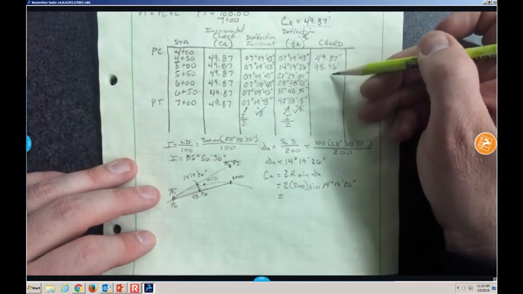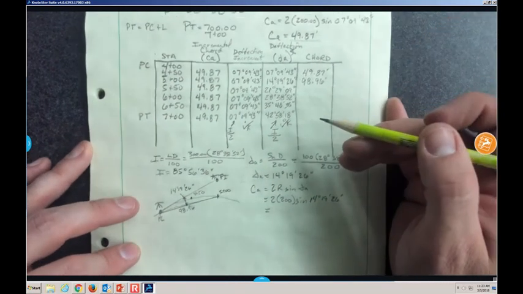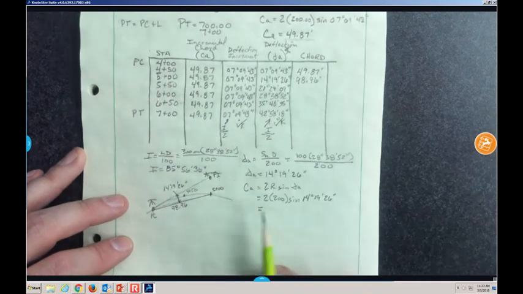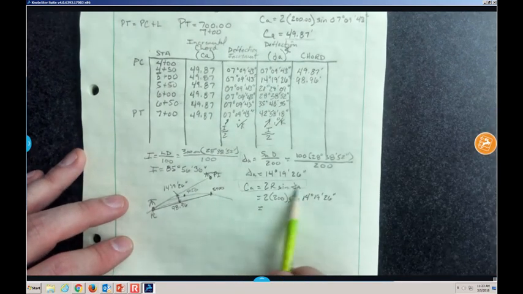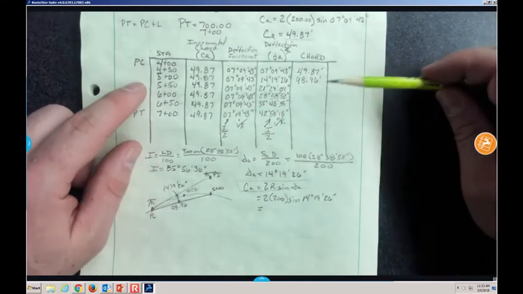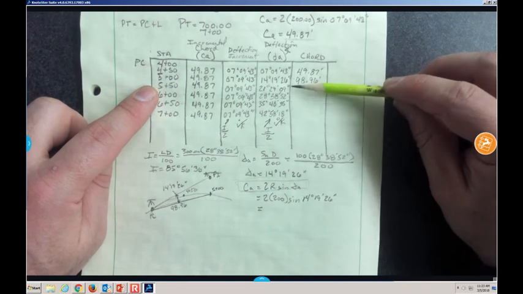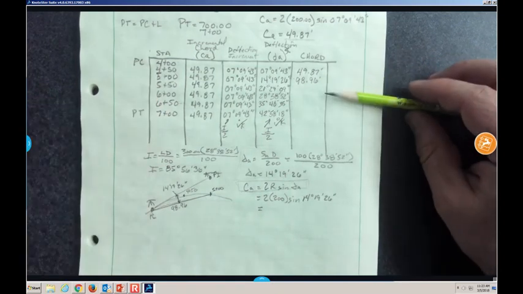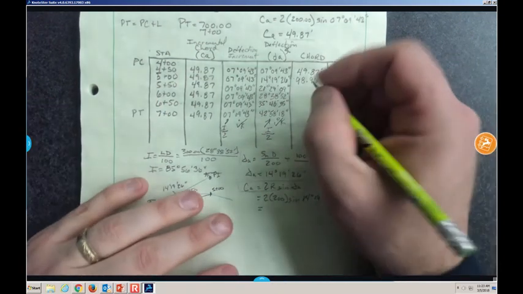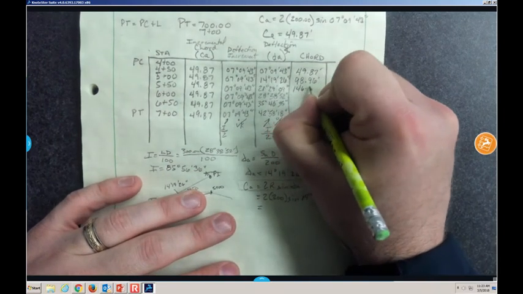Can you give me the distances for the rest of these? Using this formula again, but for station 5 plus 50, which now you're going to use this angle for 5 plus 50 to figure that one out. 146.51 feet.